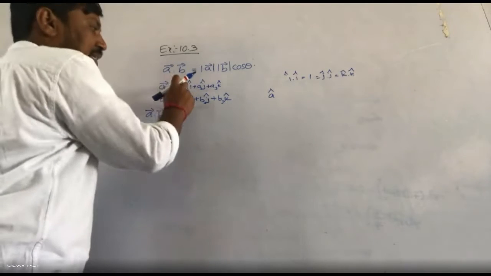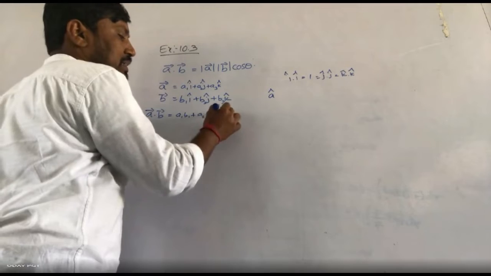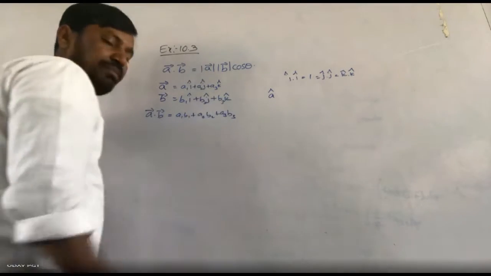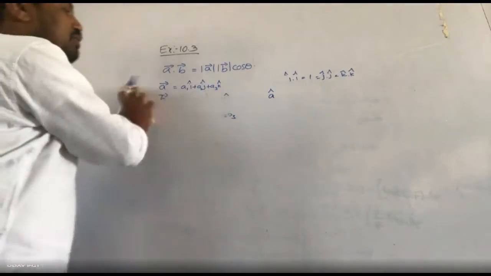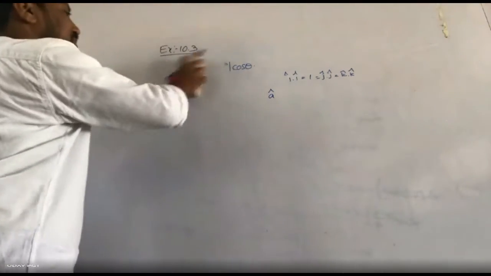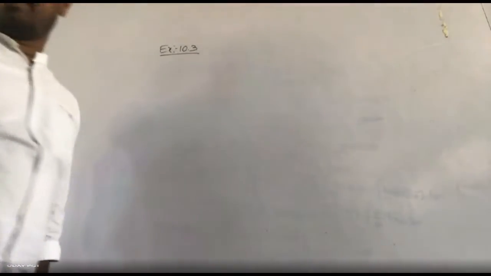So from that we get A1 B1, A2 B2, and A3 B3. This is the way to find the dot product of two vectors. Okay? This is the basic thing you need to know about the dot product of two vectors.